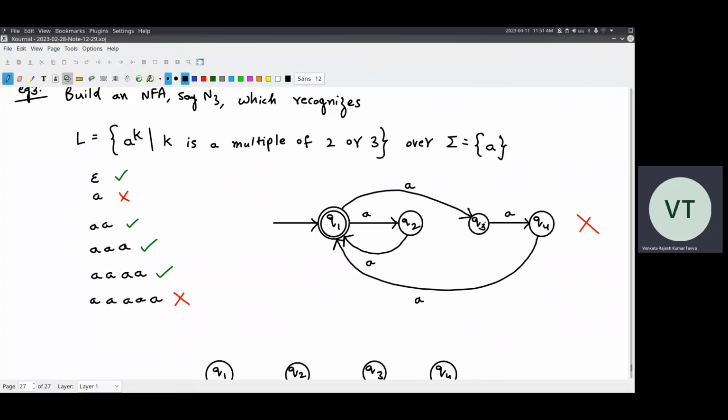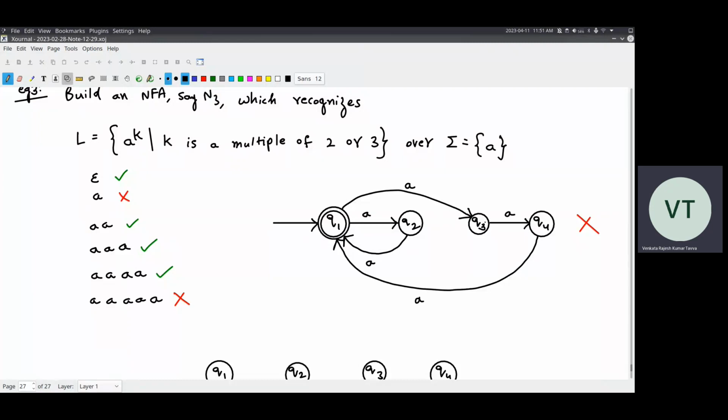Another way is this: is this one single complex problem or multiple simple problems? It's multiple simple problems because it's a multi-part problem. What is a multi-part problem? It has subparts. So what are the subparts here? It's either a multiple of 2 or it's a multiple of 3, right?